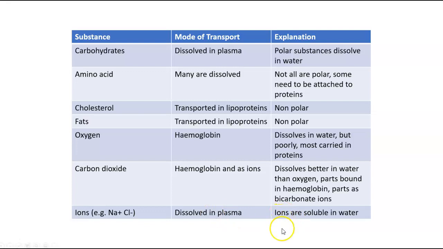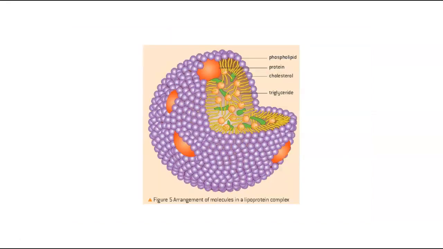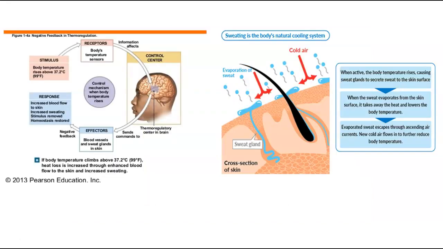So this kind of property, the polar property of water and its heat capacity, makes it good at performing the jobs it's supposed to do, transporting heat, for example. And the heat capacity of water also makes it good at cooling the body off.